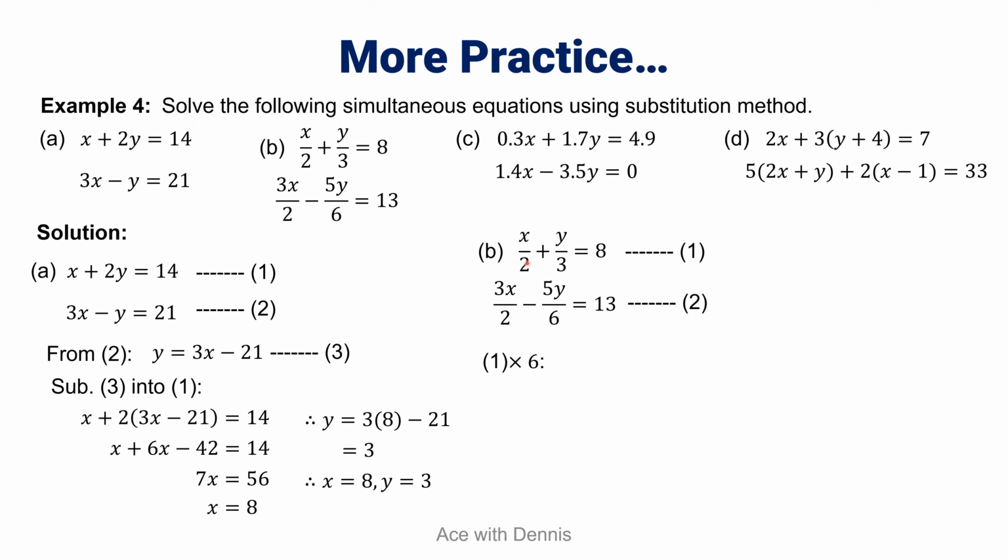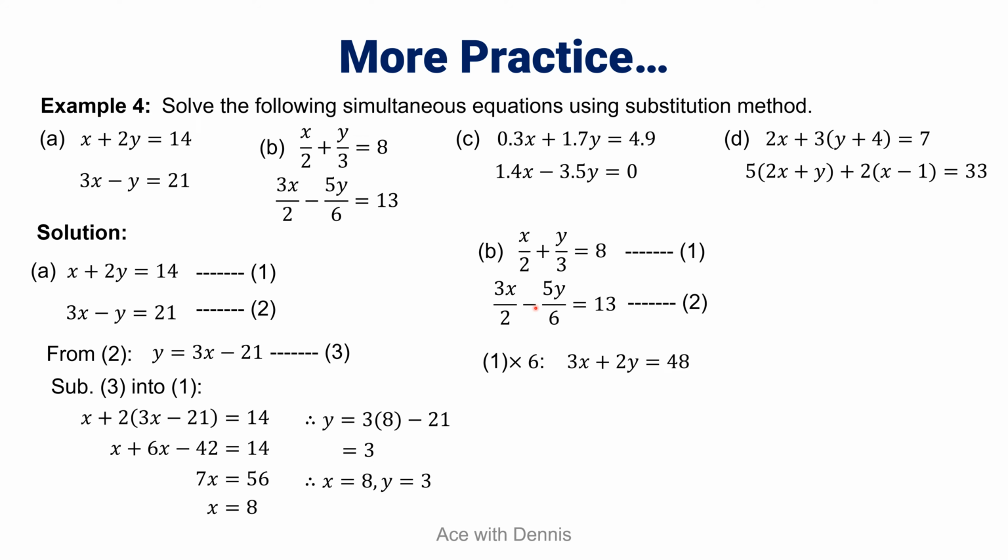So the LCM of 2 and 3 is 6. So for the first equation, I multiply by 6 for both sides. So this is what I get: 3x plus 2y equals 48. As you can see here, there is no fraction. So from an equation with fractions, it becomes an equation with whole numbers, so that later when we want to calculate, it's much easier.